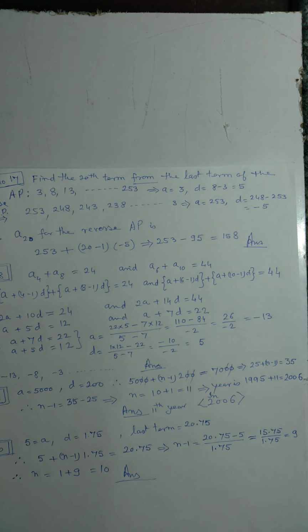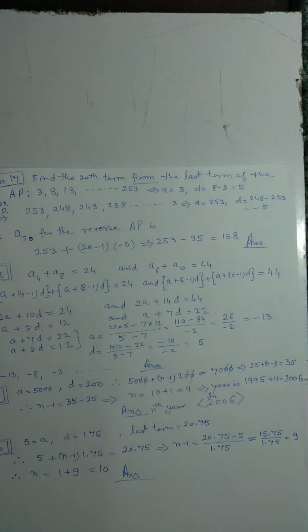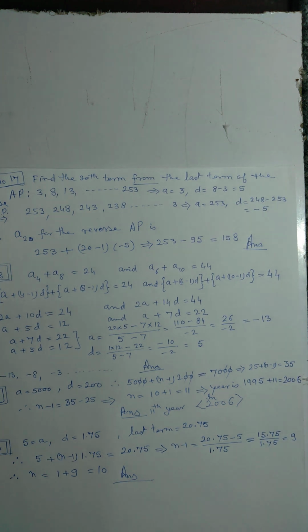You see, find the 20th term from the last term of the AP 3, 8, 13 and 253. So we have to find the 20th term from the last term, meaning in the reverse order.